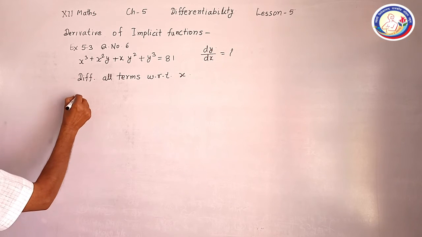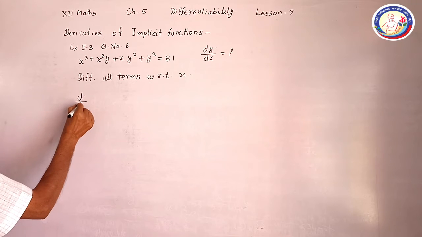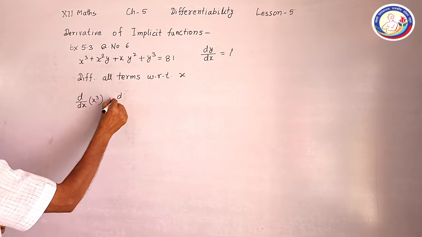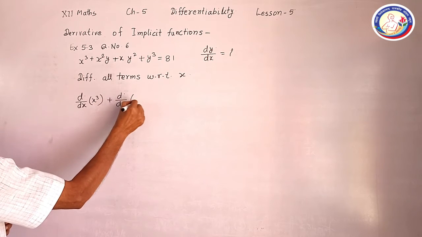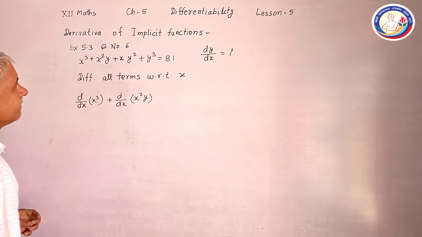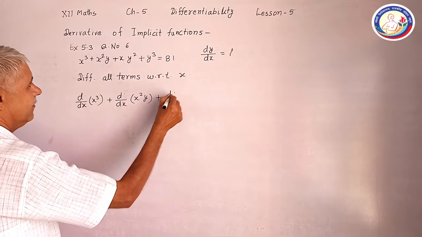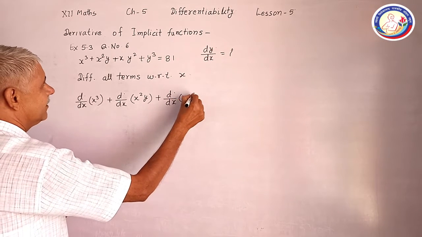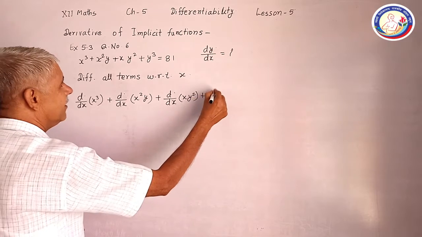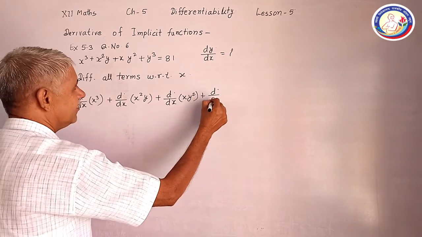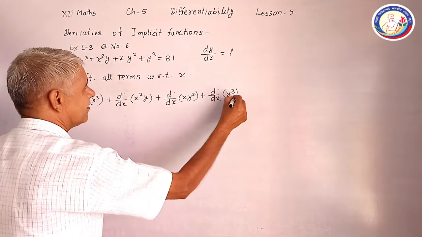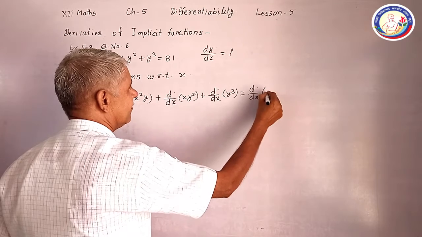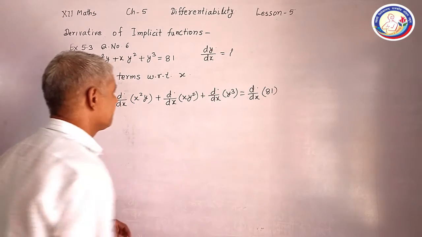Here we will have derivative of x cube with respect to x. Then derivative of x square into y plus derivative of x y square with respect to x plus derivative of y cube with respect to x equal to derivative of 81 with respect to x.